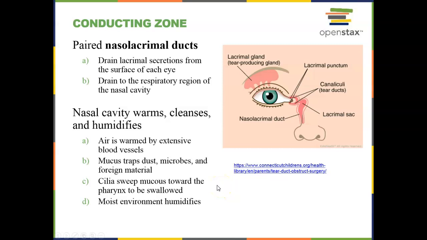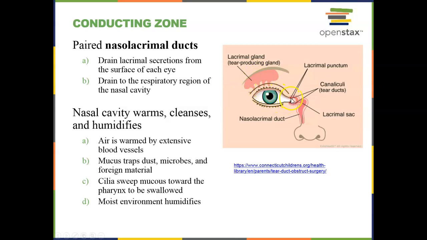So moving into the nasal cavity is the nasolacrimal duct, which we talked about when we talked about bones, and again when we talked about the eyes. We have this lacrimal gland that produces tears. Tears are constantly being produced and moistening your eye, right?